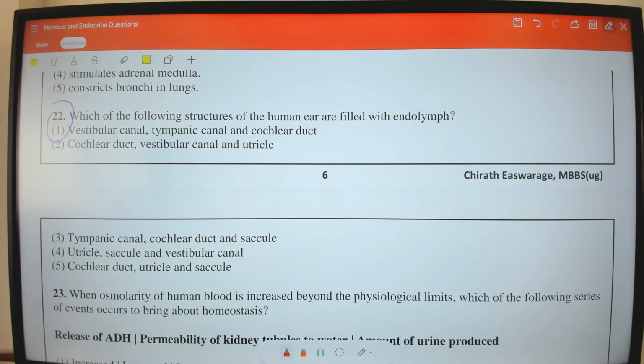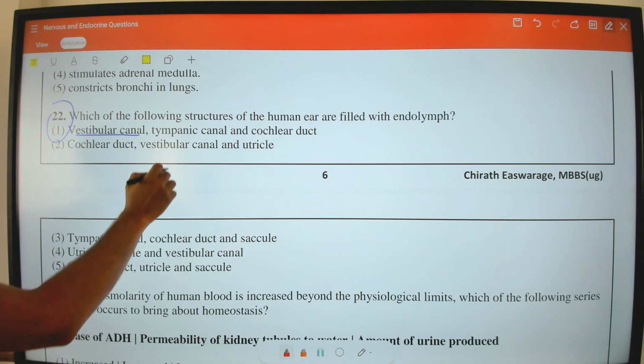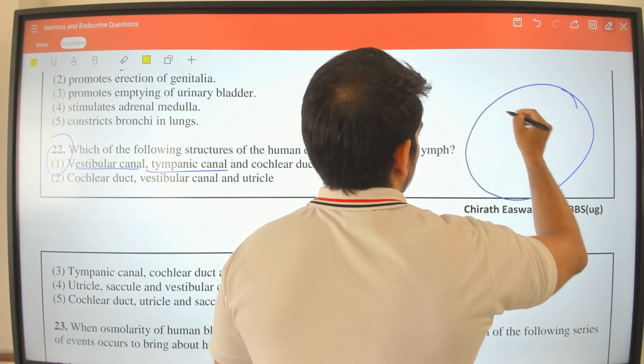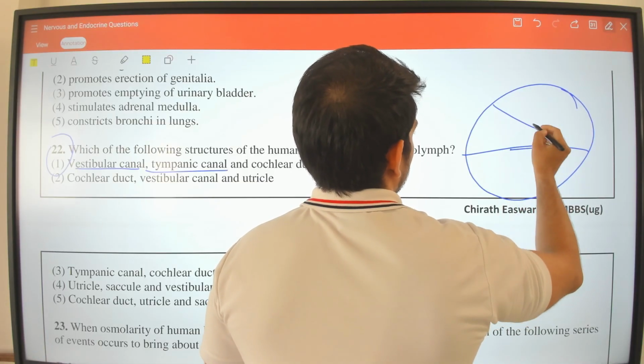Which of the following structures of the human ear are filled with endolymph? Where do you have endolymph? The cochlea has three parts: the upper vestibular canal, the lower tympanic canal, and the middle cochlear duct.